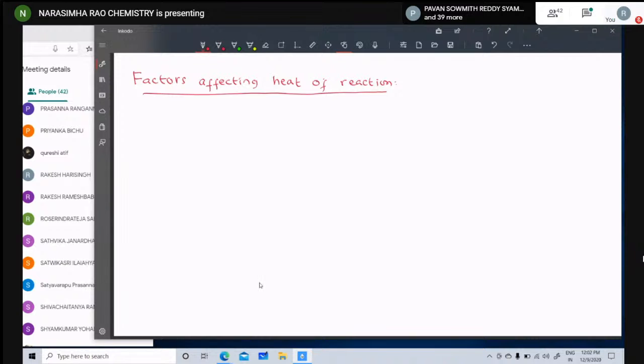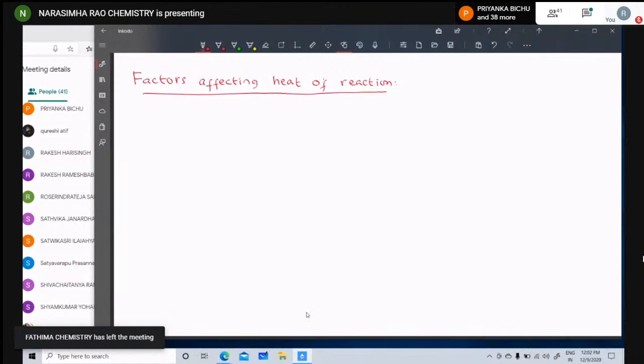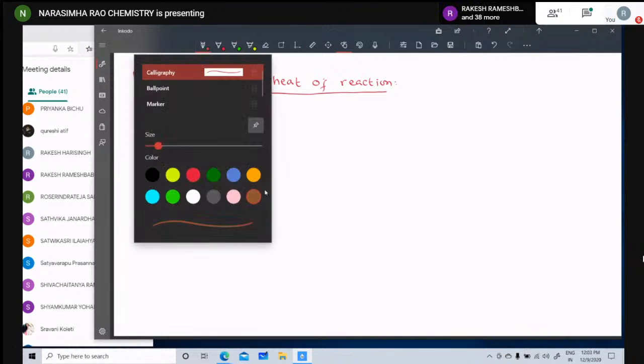So which factors are affecting the heat of reaction? Let me discuss. Among them, the first one is physical states. So the first factor is physical states.